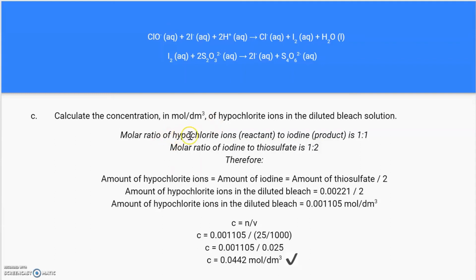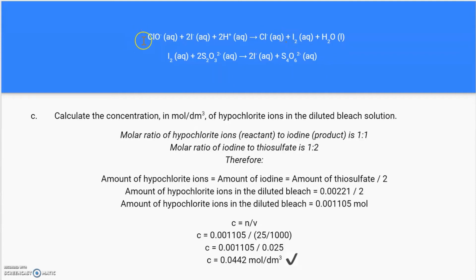So first, let's analyze the ratio of those hypochlorite ions, which are the ones we want to figure out the concentration of, to that iodine. The ratio is a 1-to-1 ratio, as we can tell that the coefficients of the hypochlorite ions and the iodine that is produced are the same.